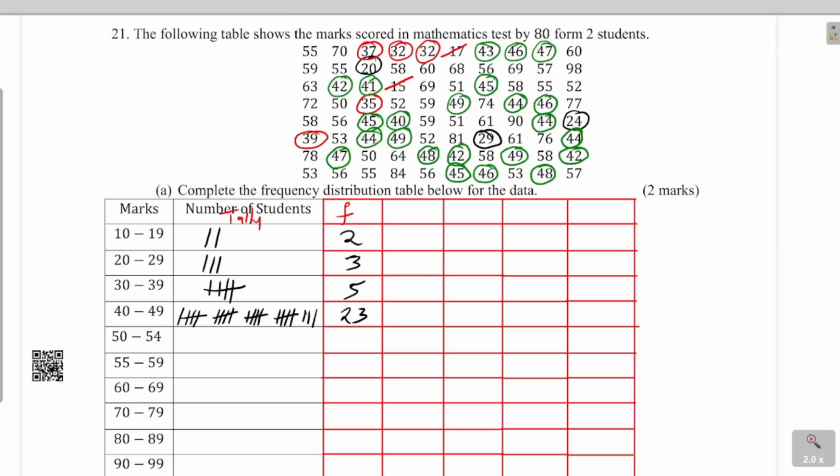Then 50 to 54. Anything that is between 50 to 54. This one there. Another one there. Another one there.